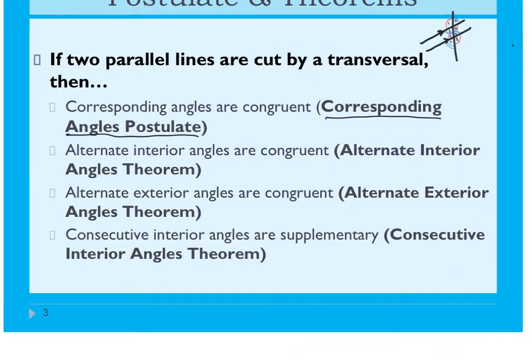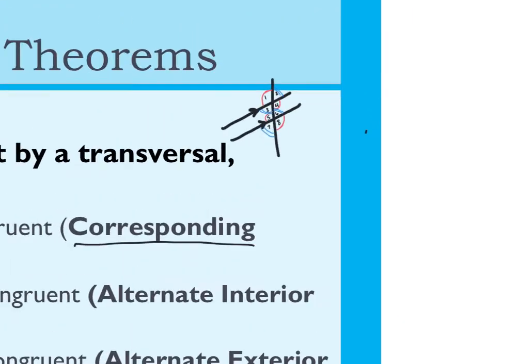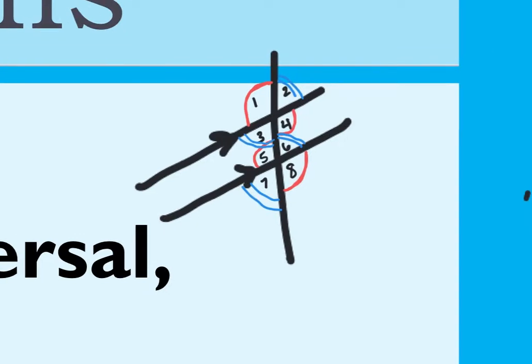And consecutive interior angles are supplementary. So all that's saying is there are 2 interior angles. So angle 4 plus angle 6 is going to be 180 because they're same side interior, and angle 3 and angle 5 will equal 180.